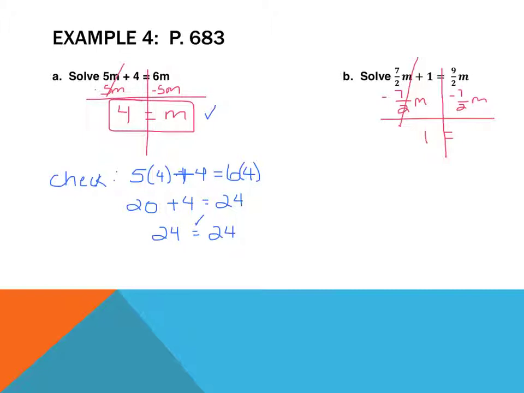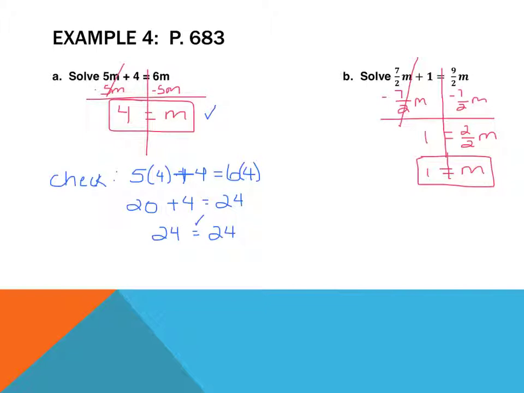And 9 halves minus 7 halves, so there's already a common denominator. 9 minus 7 is 2 halves m, and 2 over 2 is equal to 1. Remember, if I write an m by itself, that's the same thing as 1m. Okay, so 1 is equal to 1m, or 1 is equal to m.